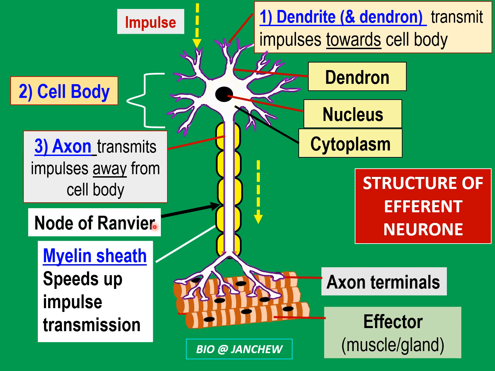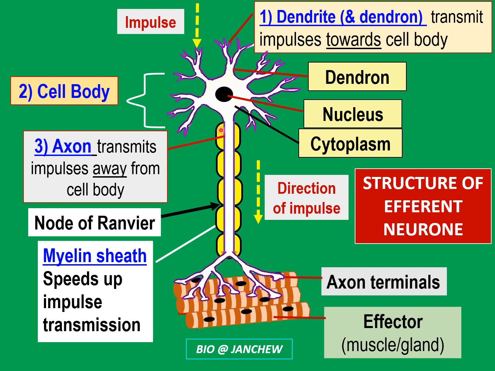So why is it like that with gaps? You see, when the impulse starts to be transmitted through the axon, it will not go down the whole length of the axon in the center, but to be faster, it will jump from one node of Ranvier to the other. At the node of Ranvier, there is a little bit of axon that can transmit the impulse. But the myelin sheath is made of fatty substance, so it will not transmit any impulses.